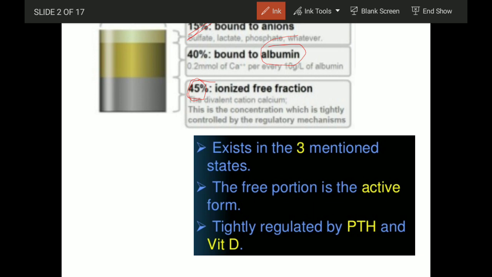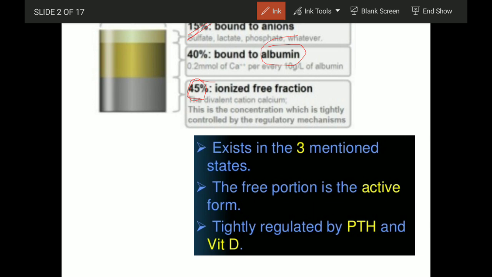So around 45% is free ionized calcium and 55% is bound, of which 40% is bound to proteins, mostly albumin, and 15% to different anions, negatively charged ions. The important thing to remember is that of these three forms, the free ionized form is the biologically active form.